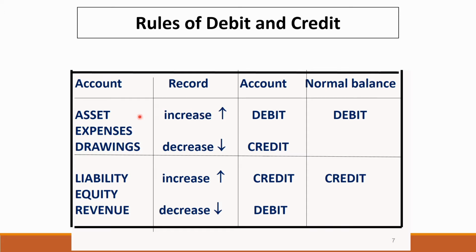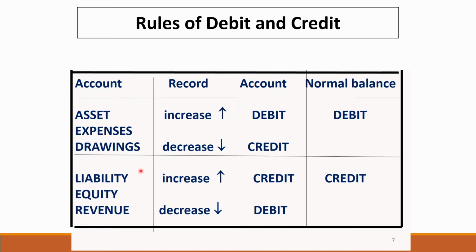For example, this is the account categorized as asset, expenses, and drawing. When there is an increase in the assets, expenses, drawing, we must record in the debit side, so in the left side. But when there is a decrease in these categories, we must record in the credit side.